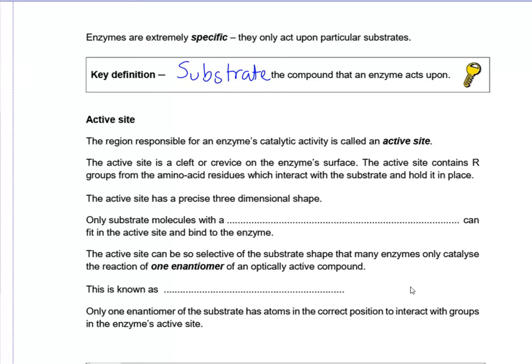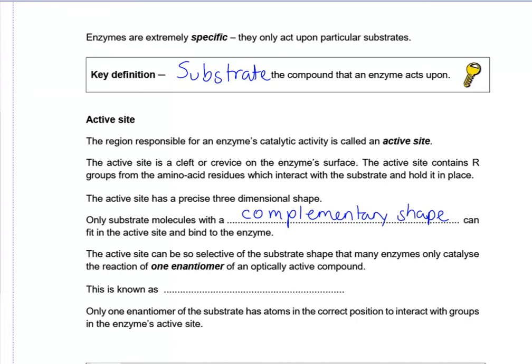The way that the enzyme works depends on its precise three-dimensional shape. Only substrates with the correct or complementary shape fit into the active site and bind to the enzyme. Enzymes are so specific that they can even tell the difference between different stereoisomers, so that only one enantiomer of an optically active compound will bind to the enzyme and the other enantiomer won't.